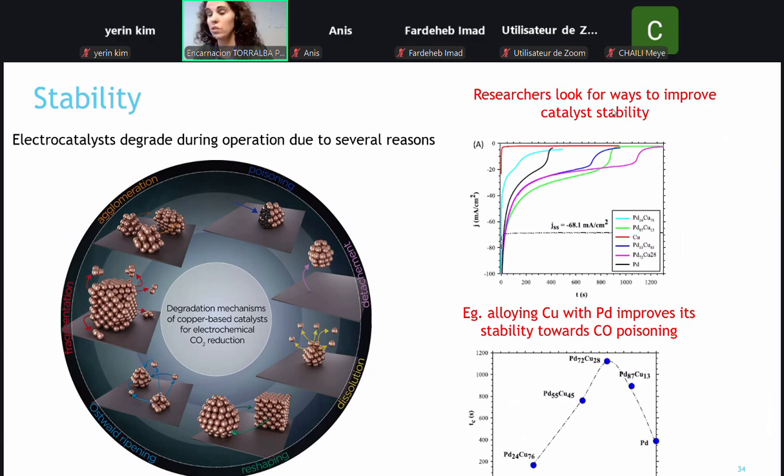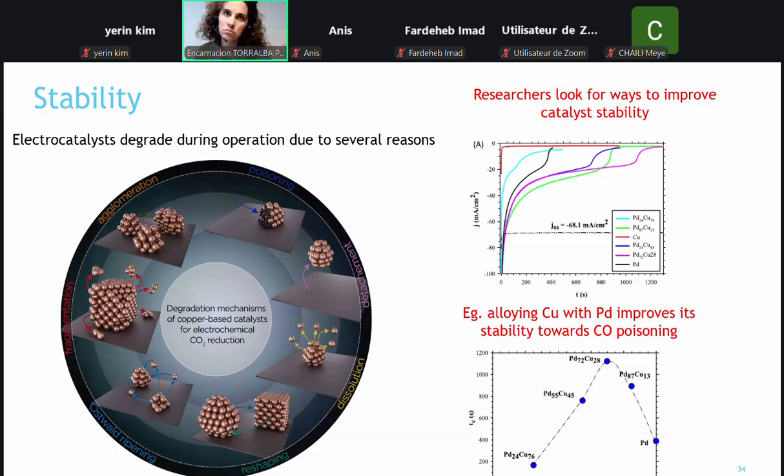When it falls to zero, it means that our catalysts get deactivated. It's not working anymore. With this test you can quite easily see that this is the best composition, actually palladium 72, it was the best in terms of catalyst stability.